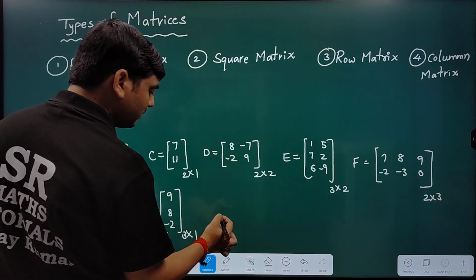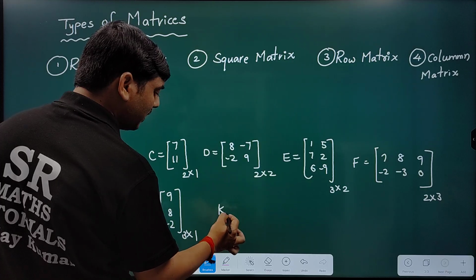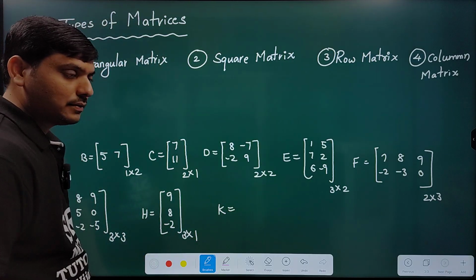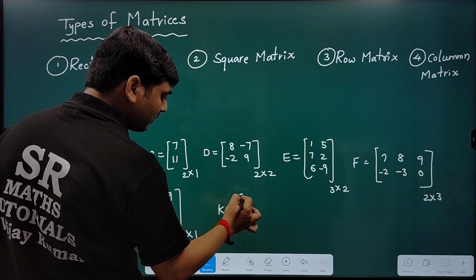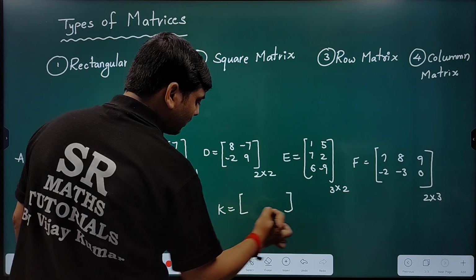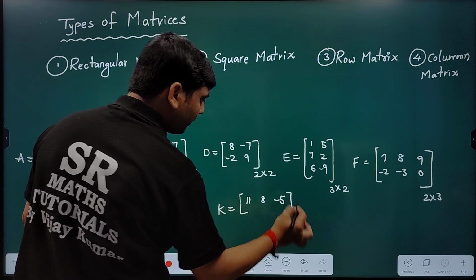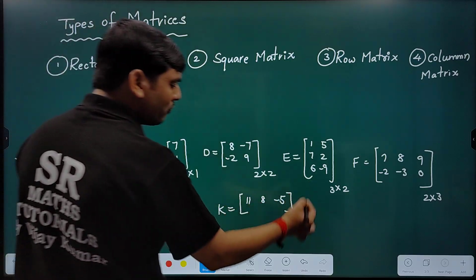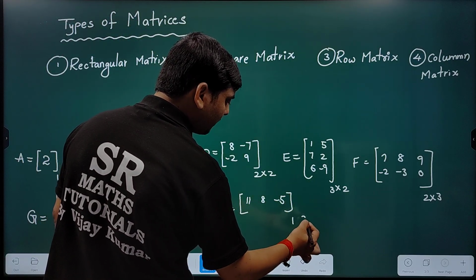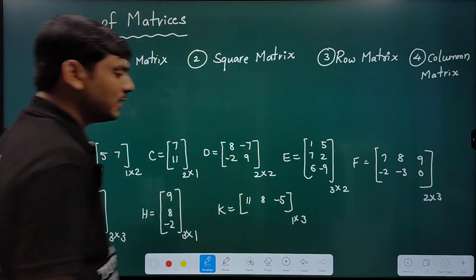The last one, I represent the matrix as K: 11, 8, minus 5. This order is only one row and 3 columns, 1 by 3.